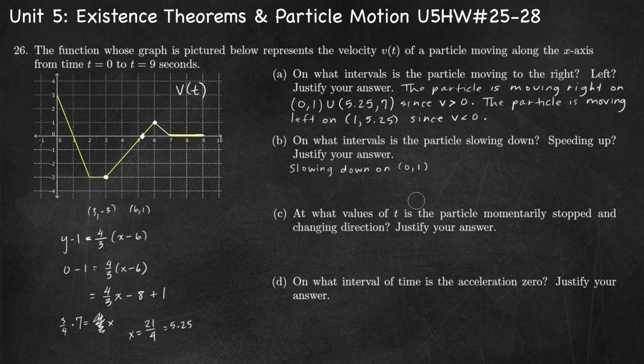Okay. So we'll say slowing down on the interval from 0 to 1, since velocity is positive and decreasing.